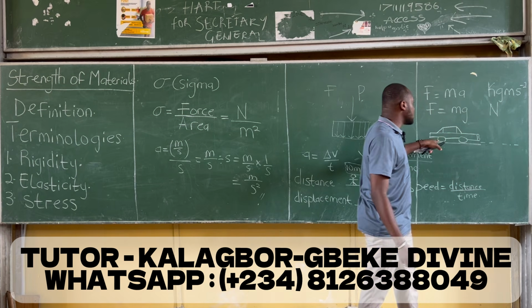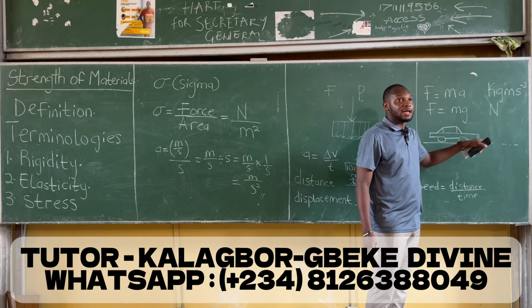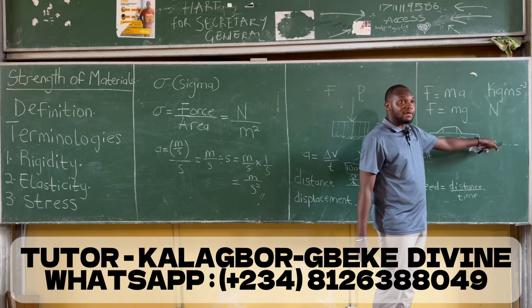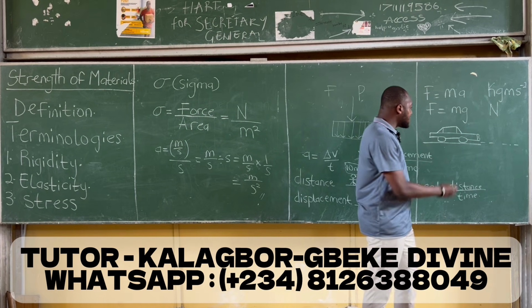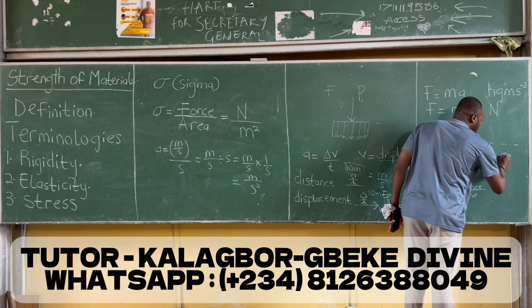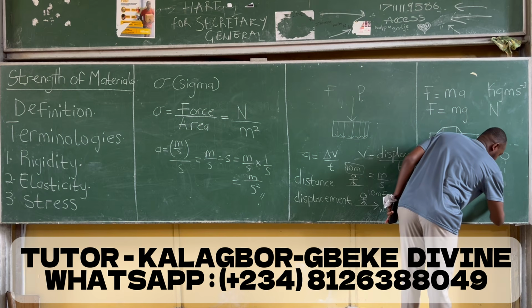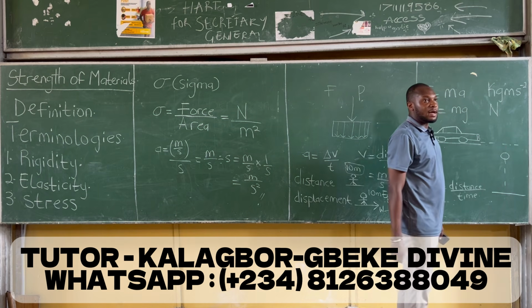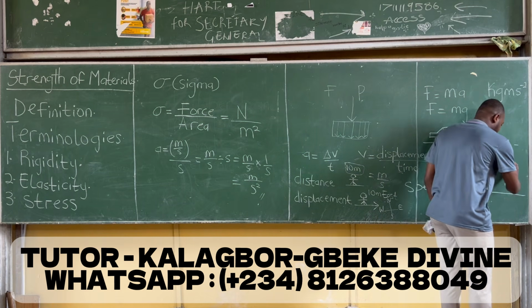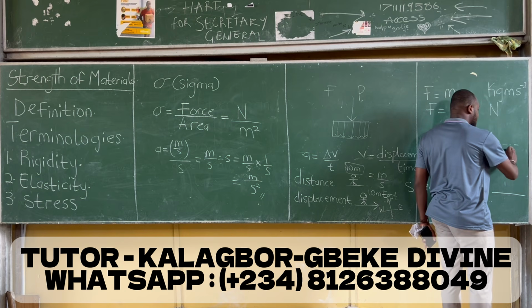Now, why did we say mass times acceleration is kilogram meter per second squared? Because this one is in a linear direction. It's moving, but the force of gravity is not acting on this car. But let's say a ball is dropped from a given height, and this is the mass of the ball.